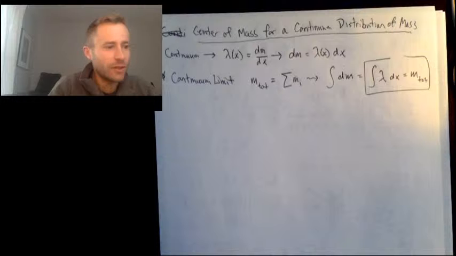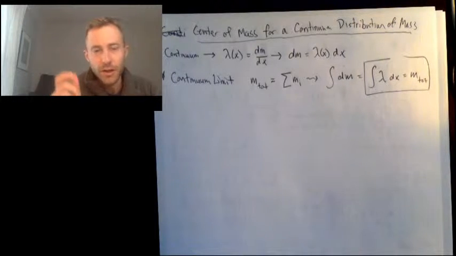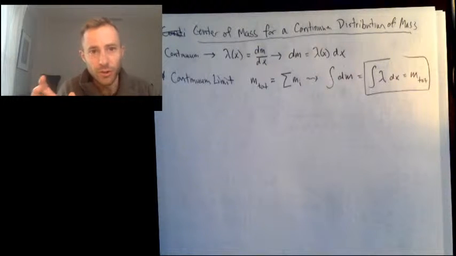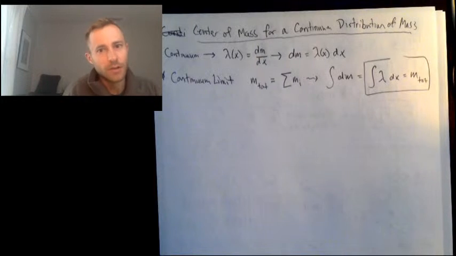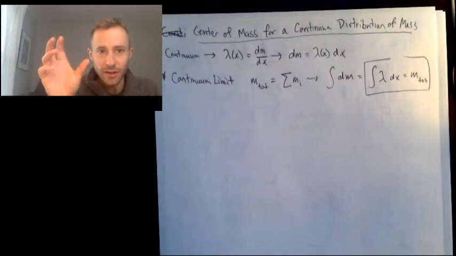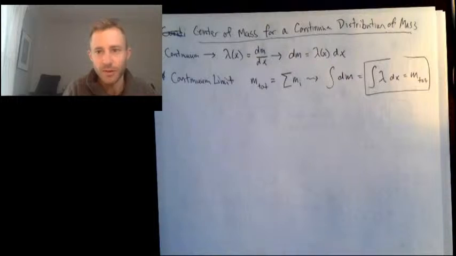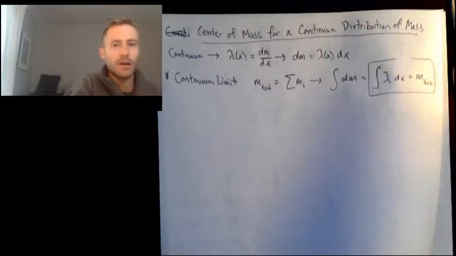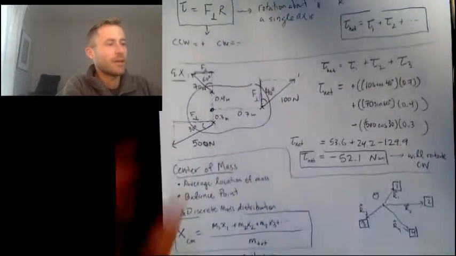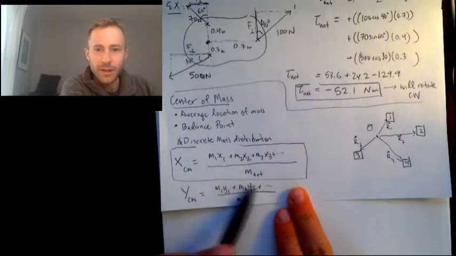Why does it change? Because we're taking the limit as the size of the individual masses goes to 0. In your calculus class, you might remember that the integral is a limit of a Riemann sum. So we're taking the limit of this sum over masses as the masses become infinitesimally small. So that becomes an integral over dm. All right? So that handles the denominator in the definition of center of mass.